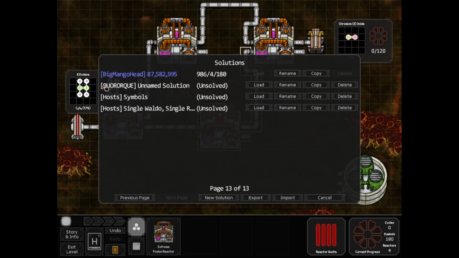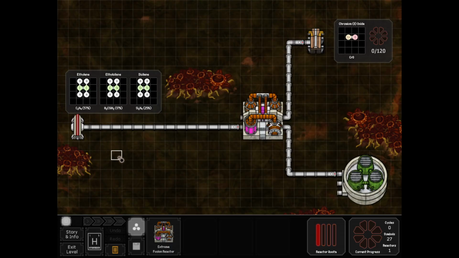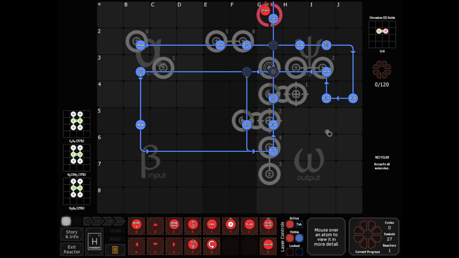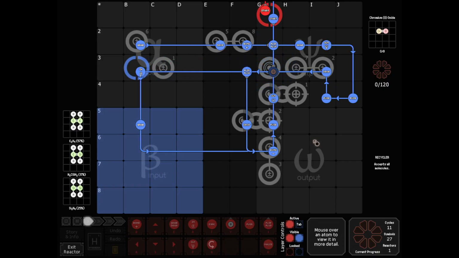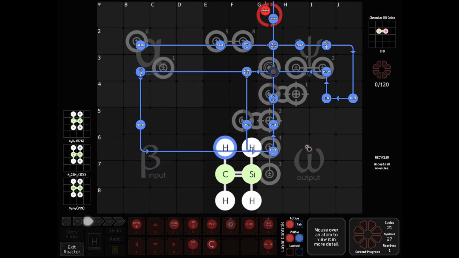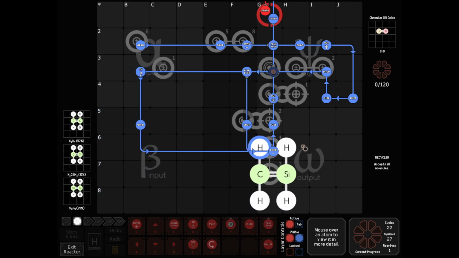Next, we have an unnamed solution by Kurokwe. It is a single reactor solution and also single Waldo solution that is rather symbol optimized. Brokios says here has a 26 symbol. So what exactly is this?